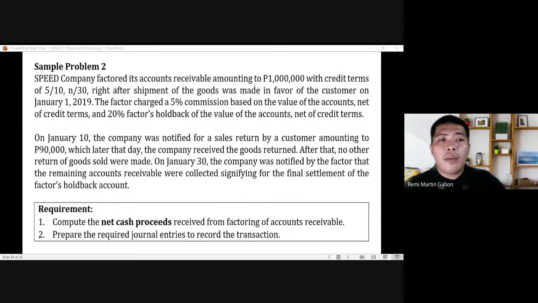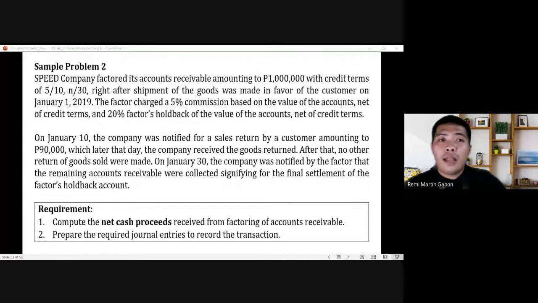This factors holdback account will be used by the factor as a buffer or shock absorber kung baga. Sabihin na lang natin buffer. Buffer account for all loss on uncollectibility. For example, mga sales return. Okay? Sales return would mean that the accounts receivable will no longer be collected.